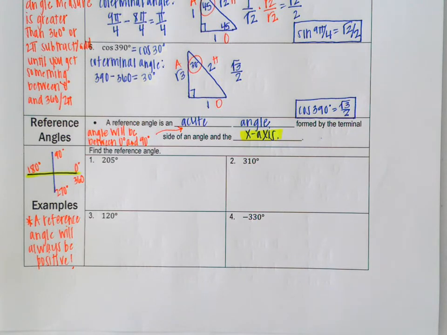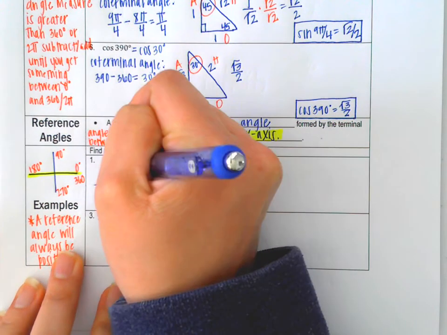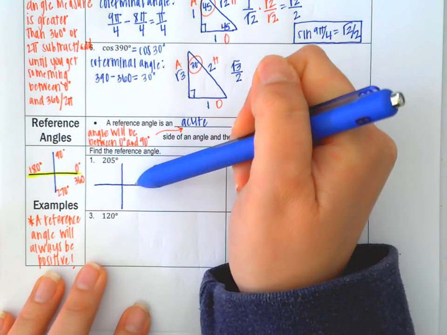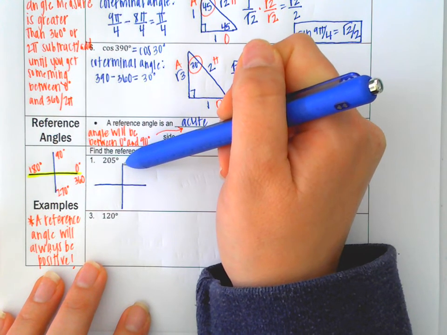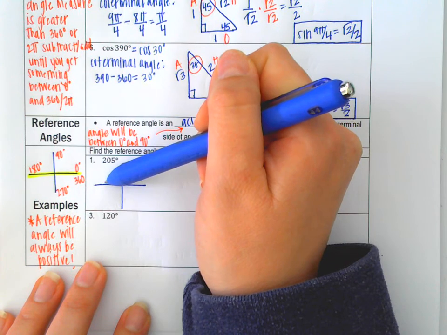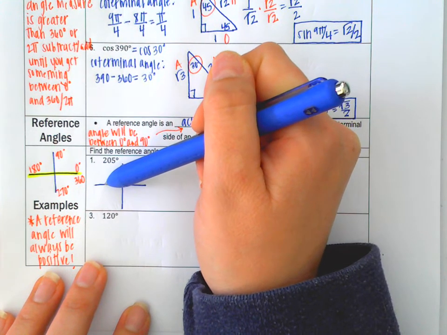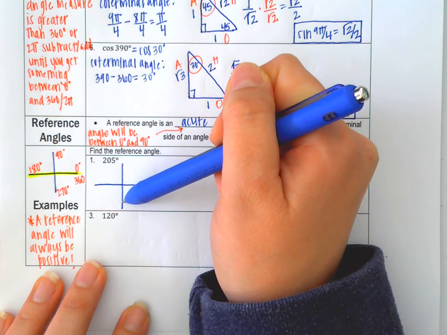So find the reference angle for 205 degrees. The first thing I'm going to do is figure out where 205 is. I know it's not in quadrant 1 because quadrant 1 is 0 to 90. I know it's not in quadrant 2 because it's 90 to 180, but I do know it's in quadrant 3 because quadrant 3 is 180 to 270.